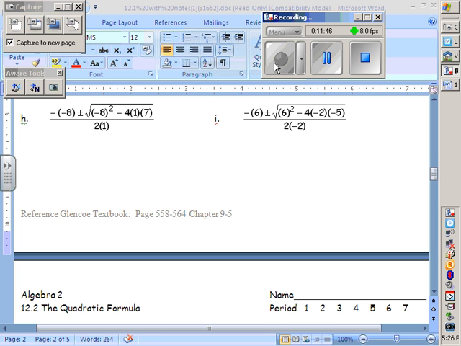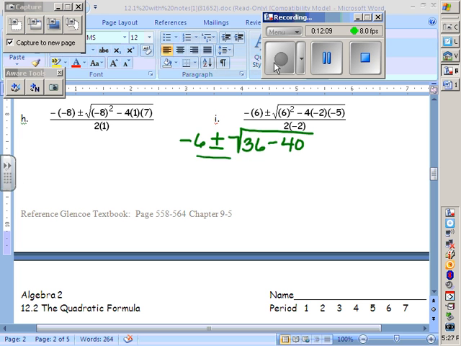For the next example, we're going to continue to do the same thing. We have negative 6 plus or minus the square root. 6 squared will be 36. And then we have negative 4 times negative 2 times negative 5. If we take negative 2 and negative 5, we will get a positive 10 times a negative 4, which will be negative 40.